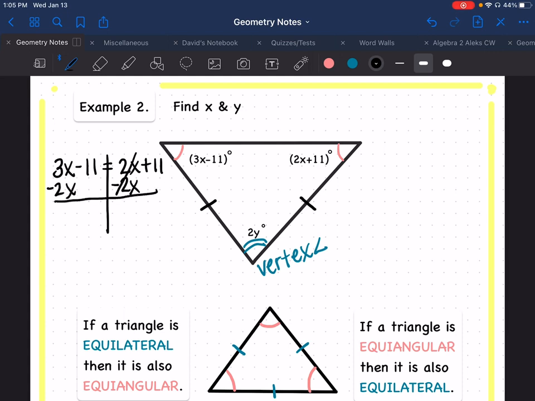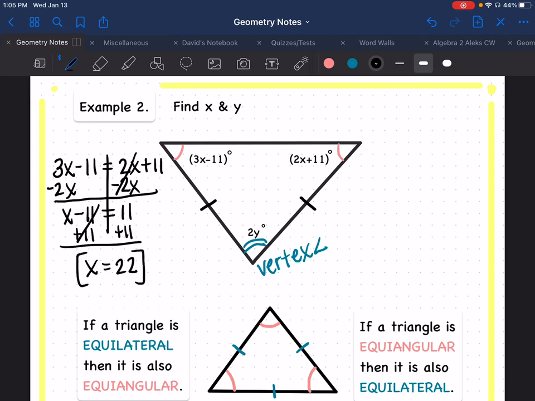I like to move the smaller x, but that's just a preference. Remember, technically it is 1x, but I don't have to write the 1 because it can be invisible. It doesn't have to actually be there. All right, so there we go. I got x equals 22.